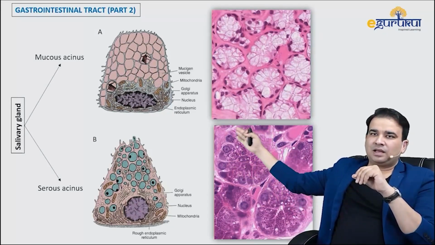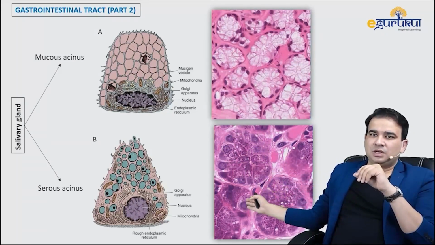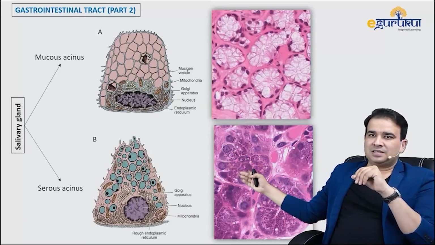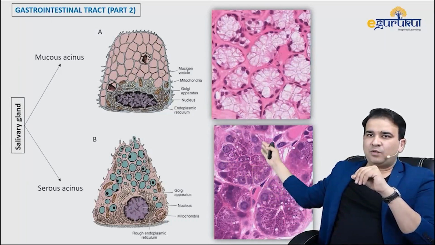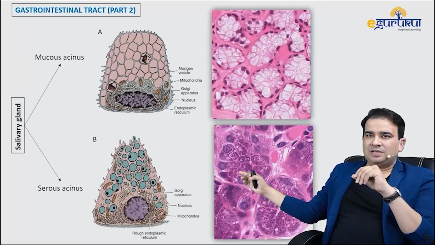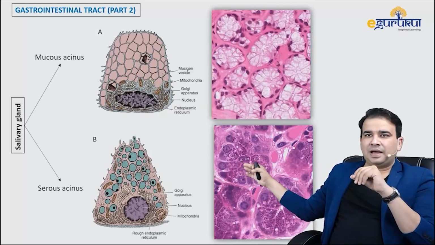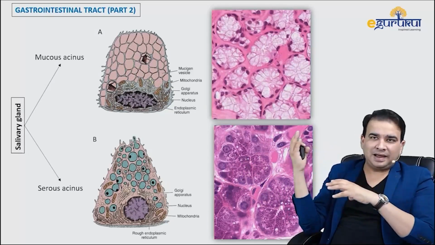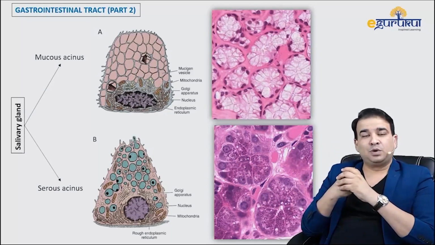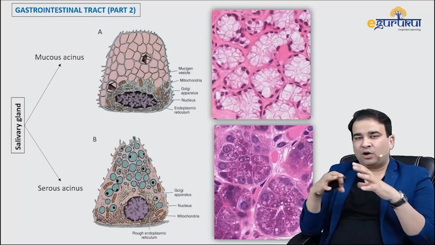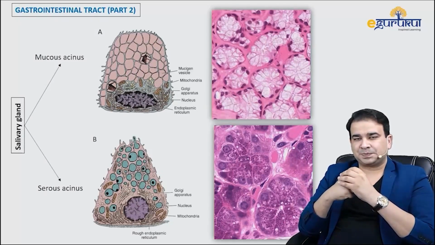Look at this section in which you can see 2 or 3 serous acini here. Look at all these rounded nuclei, and then look at all these granules present in the apical region of the cell, and unlike the mucous acinus, the cytoplasm doesn't look clear in this case.